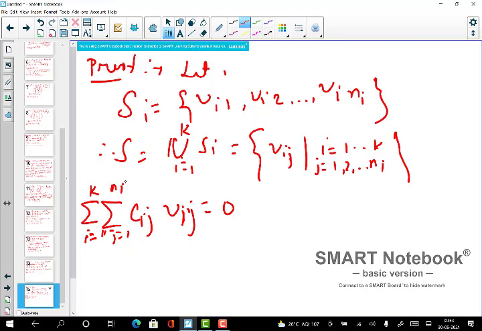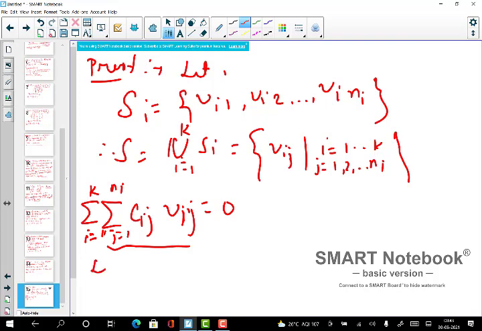So let me just rewrite this in a different way. Now you are summing over j. When you sum over j of cij Vij, these are elements of E_lambda_i, right?